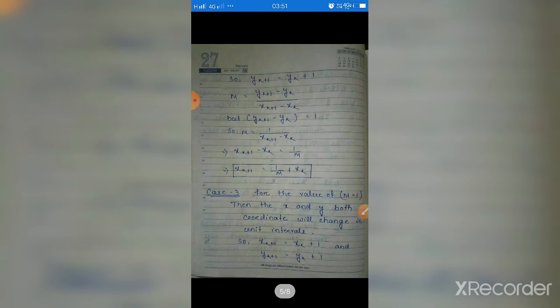Here yk plus 1 equals yk plus 1, this one is changing. Then we can find the slope of the line: m equals yk plus 1 minus yk over xk plus 1 minus xk. We know that instead of yk plus 1, we have to write this one.